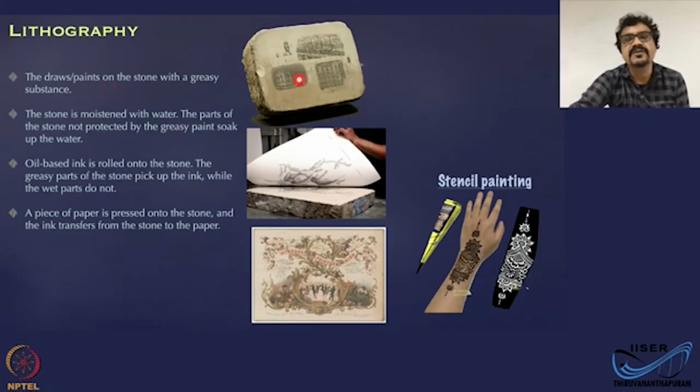Later, you moisten the stone with water, and the parts of the stone not protected by the greasy paint will absorb water and get soaked. But the ink that you are going to use is an oil-based ink. Once you roll that ink onto the stone, the ink will stick only to the greasy part, while the wet parts will not absorb the ink at all.